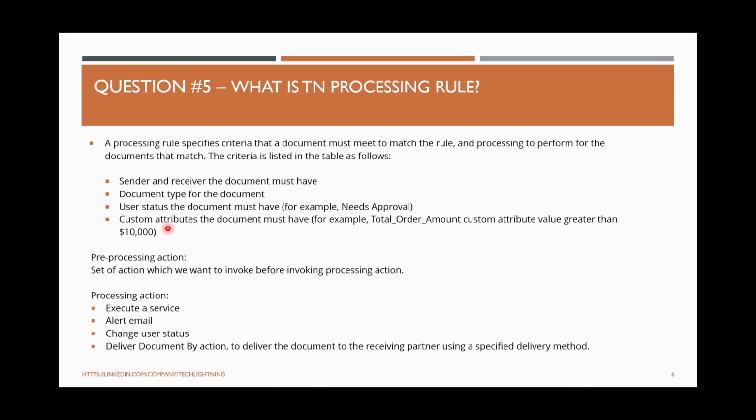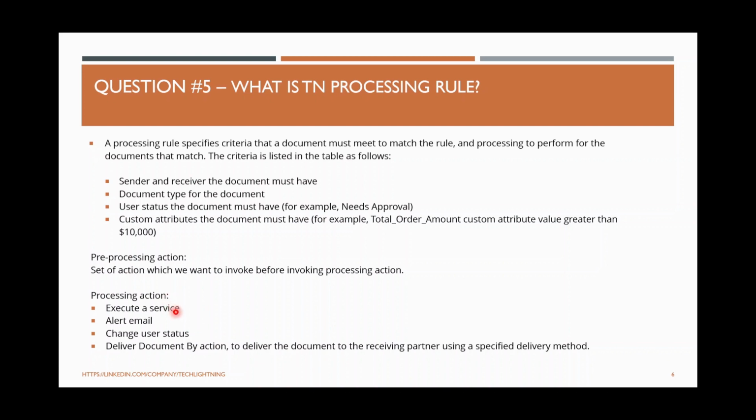If anything matches those criteria, then I want to invoke some pre-processing action. Before invoking my actual action, if I want to set some status, or save something in my database, I can specify that in the pre-processing action. After that, the processing rule will invoke the actual action that is required. Whenever there is a document, what is the actual action I want to invoke?